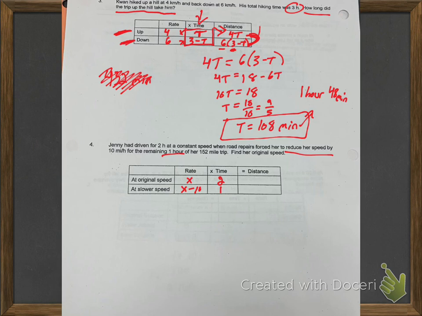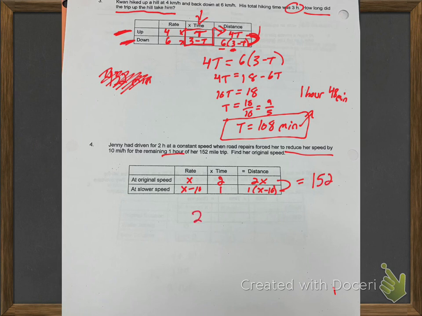So then if I just multiply this across, I get the distance for the original speed is 2x. And at a slower speed, it would be 1 times x minus 10. Now we need to find what x is. So I'm going to add these together and set them equal to the 152-mile trip.